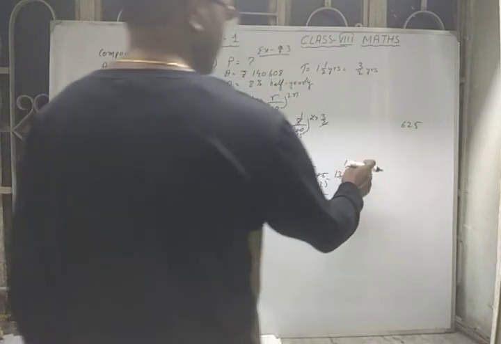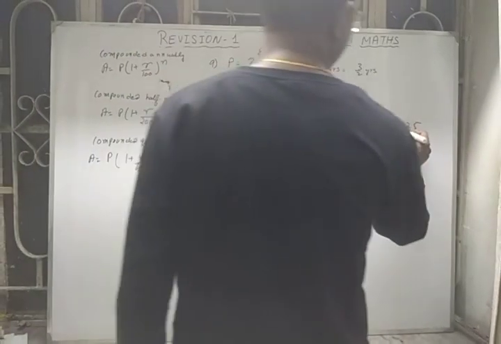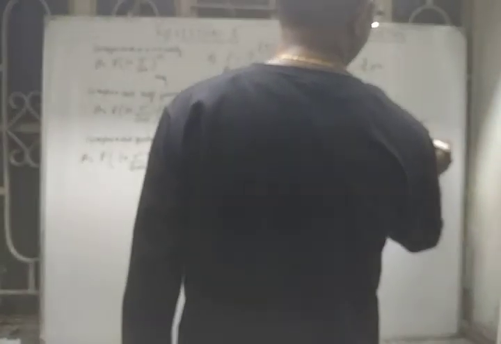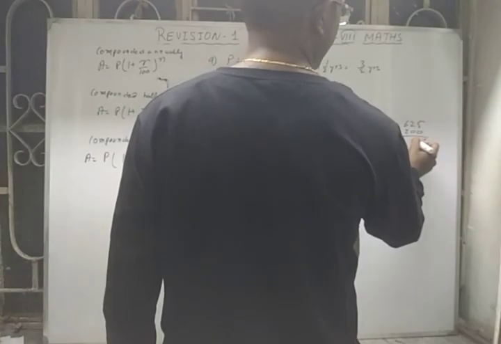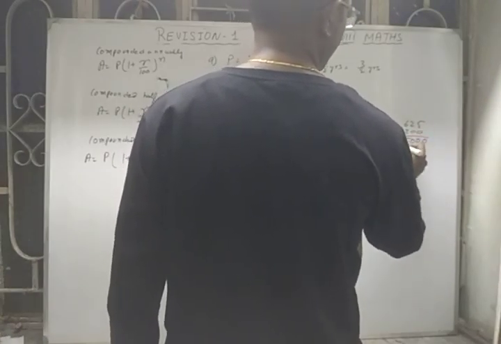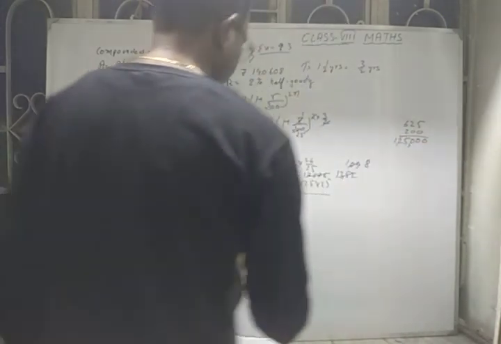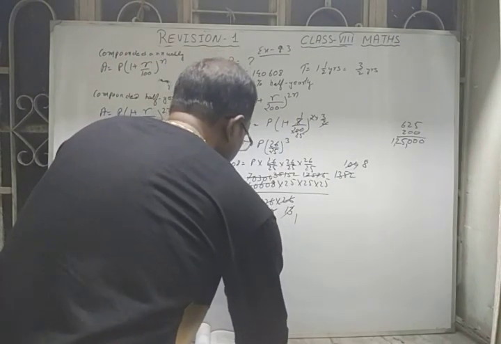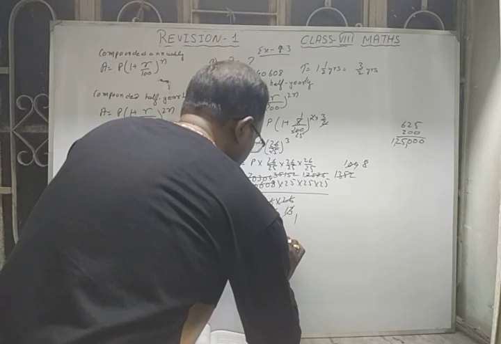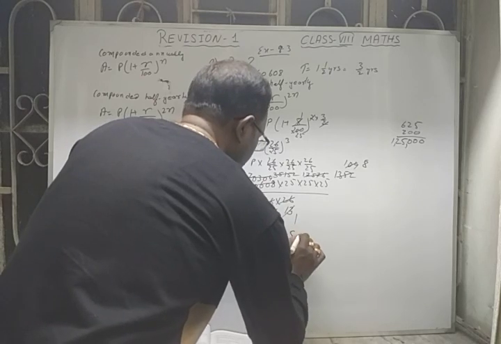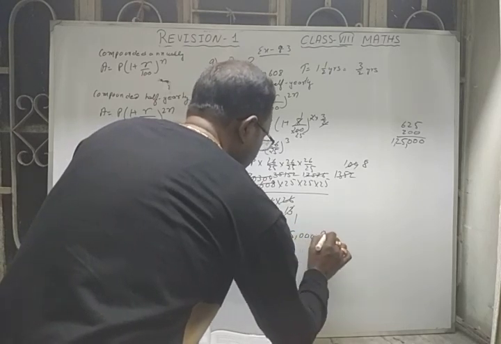Just do like this, it will be easy for you to calculate. 625 into 200: 2 5s are 10, 0, carry 1, 2 2s are 4, 1 1s are 5, 2 6s are 12. So it is 1,25,000. Therefore P is equal to rupees 1,25,000, the principal, is the answer.